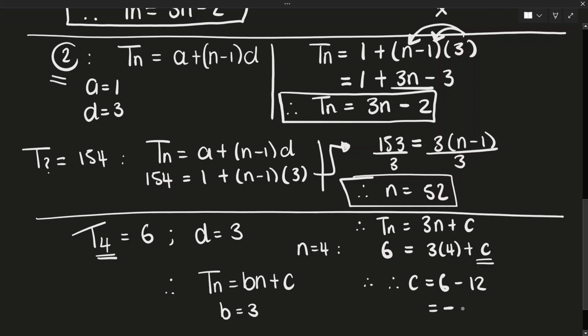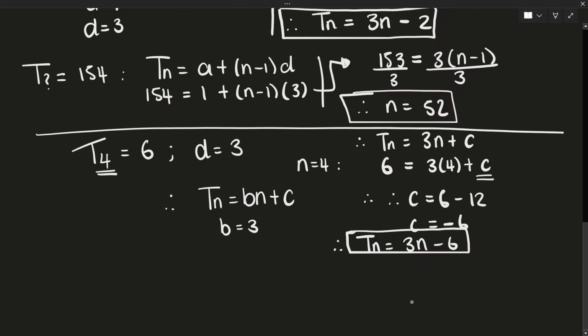C is equal to negative 6. Therefore, your pattern is Tn is equal to 3n minus 6. And that's a pro of the first way of doing it. But regardless of the way you choose, as long as you can get to the final answer, you are correct.